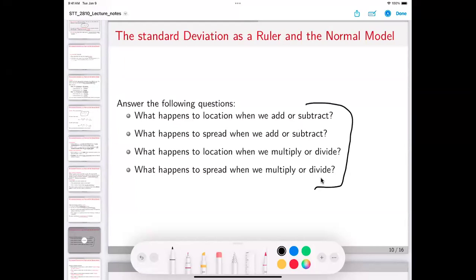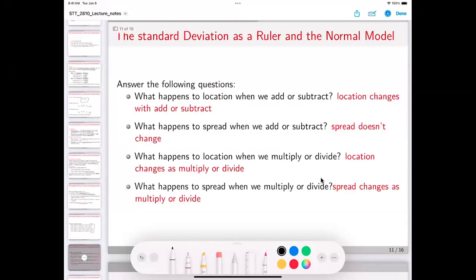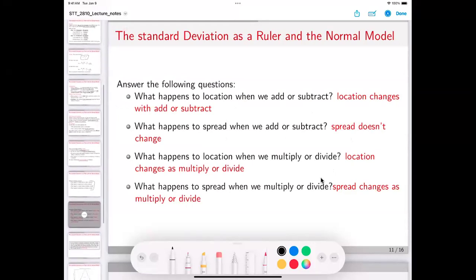Do you all agree it changes? Good. What happens to spread when we multiply or divide? Good. Now I want to ask you, what happens to location when we multiply and also add? Changes, right? Okay. So this is the answer we summarized here.